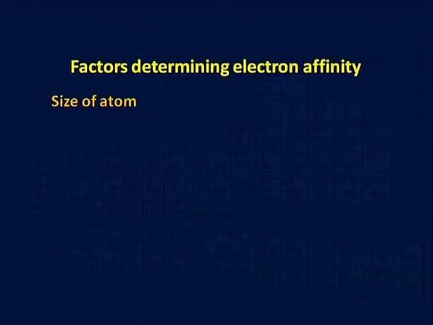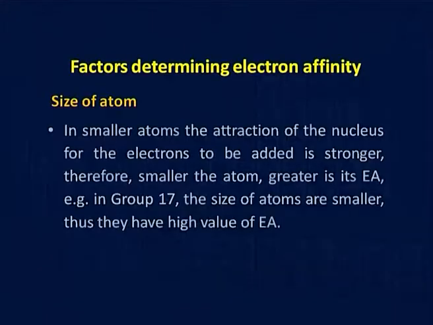Now, if we take the size of atom, we have seen that atomic size in the periodic table decreases as we move across the period, whereas it increases as we move down the group. In smaller atoms, the attraction of the nucleus for the electron to be added is stronger.